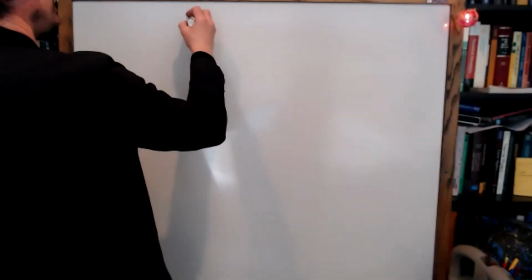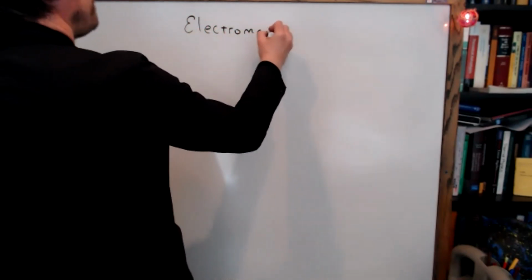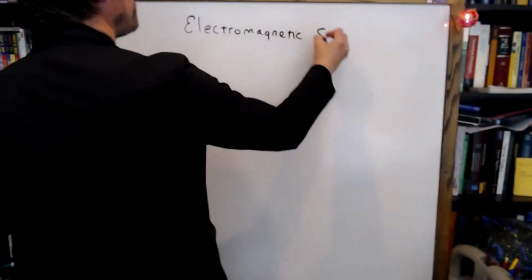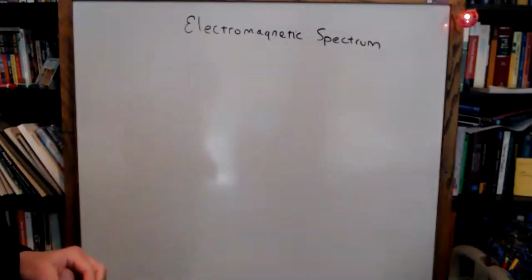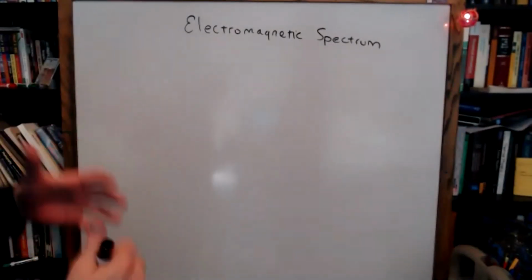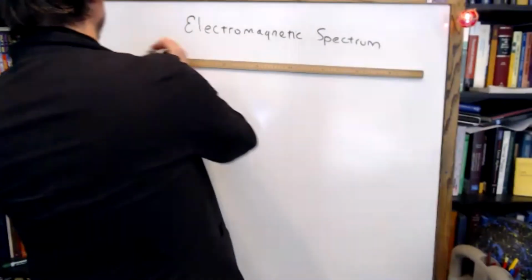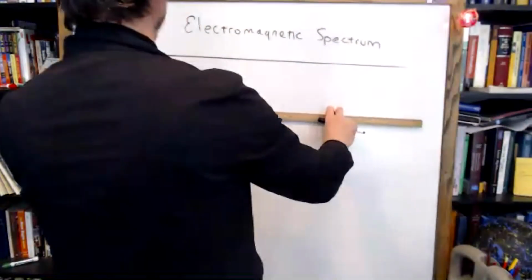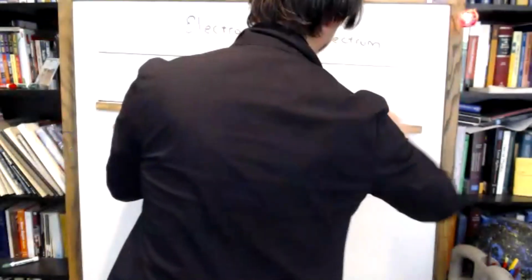There's a concept called the electromagnetic spectrum. The electromagnetic spectrum is the totality of all the different types of light that exist in nature. We're going to represent the bands or the regimes of the electromagnetic spectrum with a little graph here. You can sort of think of this as being like the periodic table of the elements, except it's for light instead of for atoms.